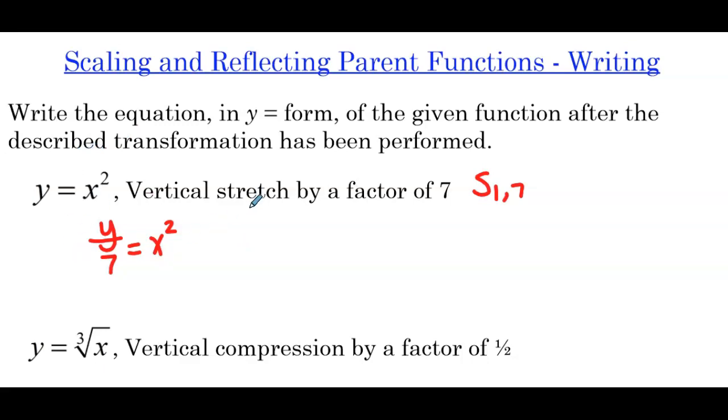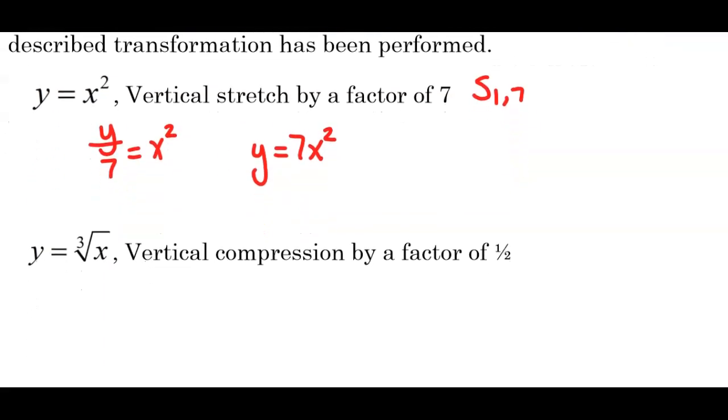Okay, so if I'm putting this in y equals form, I'd have y equals 7x squared. Okay, so we're essentially going in the reverse direction. They're giving us the scale factor, we're putting it back into the equation, and then rewriting it in y equals form.